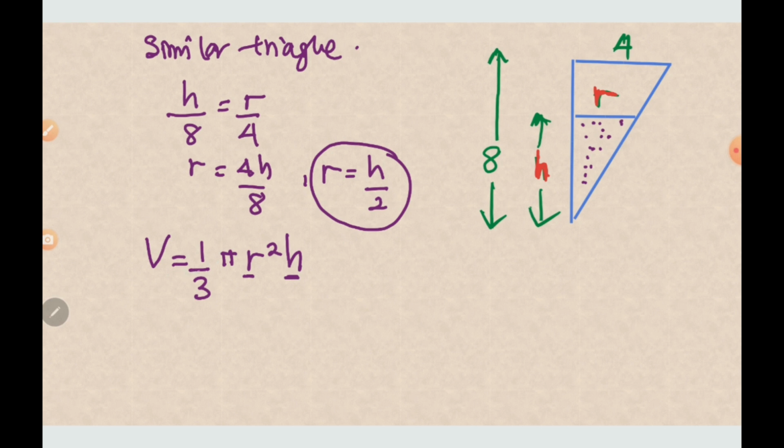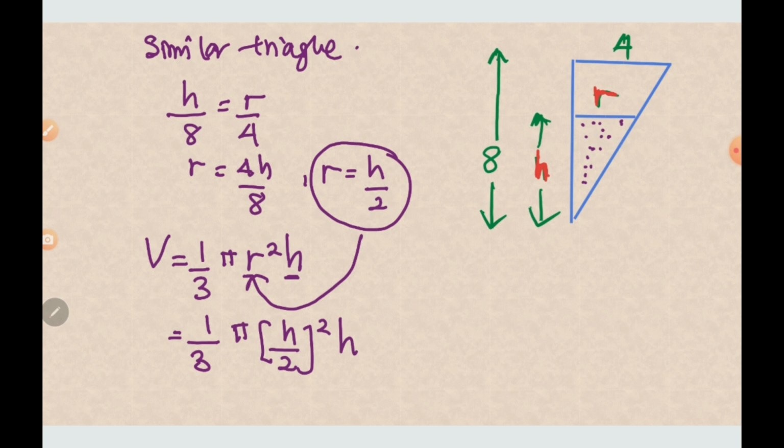Now I will write volume in terms of h. Therefore, I need to substitute r here with h over 2. Therefore, we will get 1/3 pi times h over 2 squared times h. Okay, simplify, you will get volume is equals to 1/12 pi h cube.